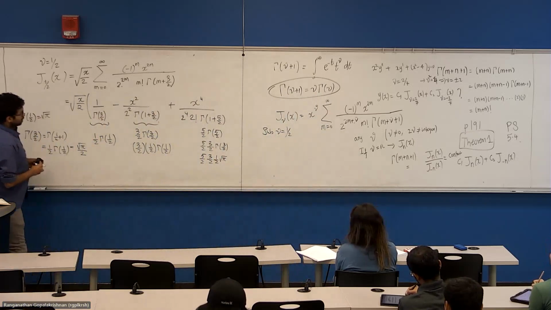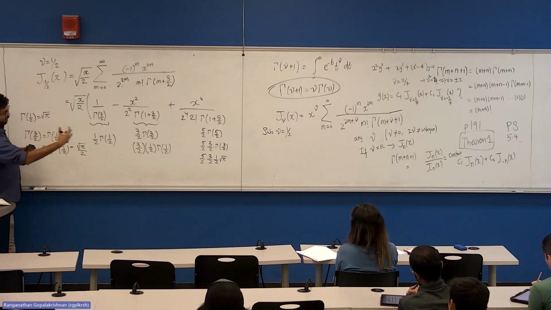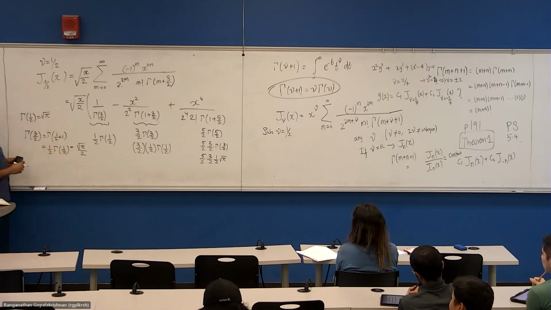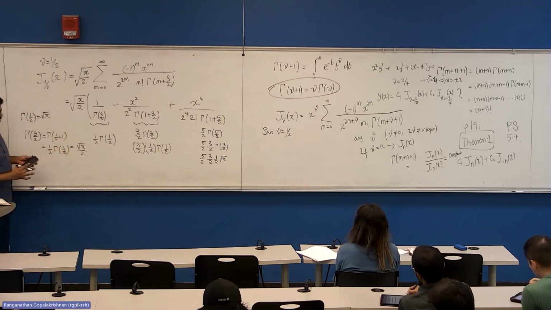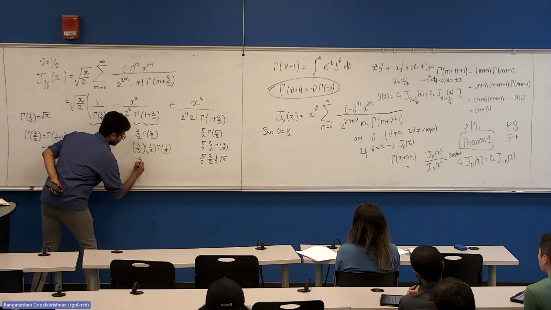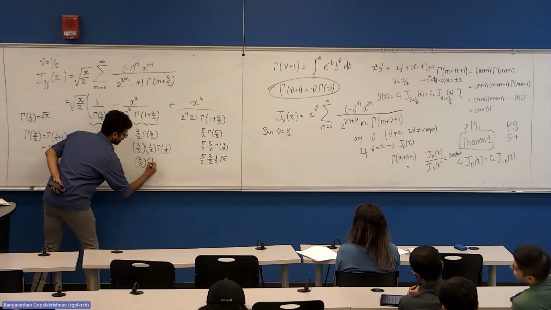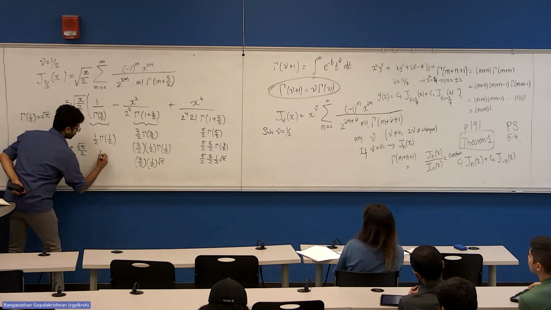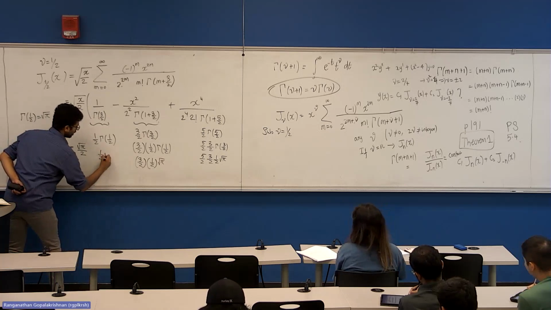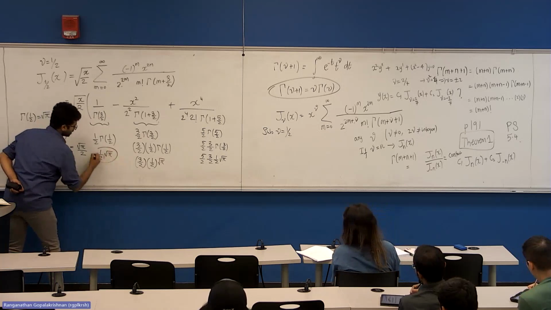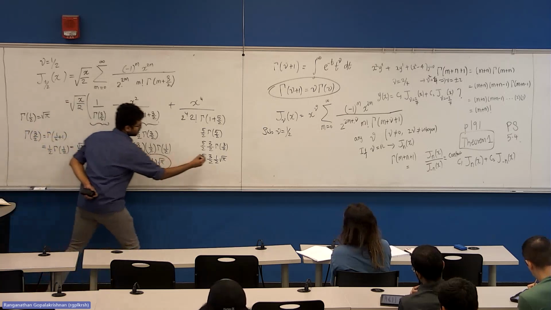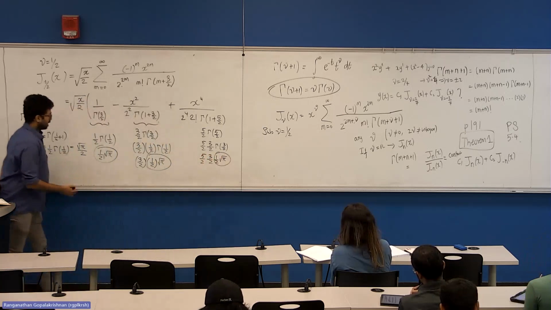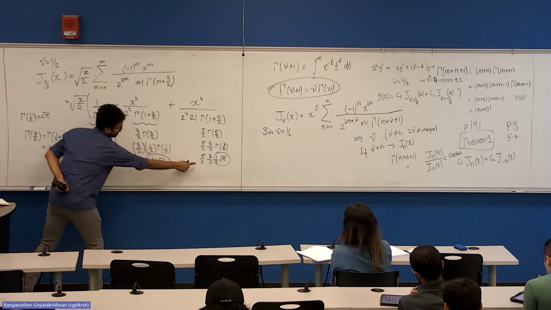So you can write this down. You can keep on writing more terms. What is the common factor here? So if I may simplify, this is 3 by 2 times 1 by 2 times square root of pi. This is 1 by 2 times square root of pi. This term is going to be common in all of these. And of course, you are also going to get a half term common.